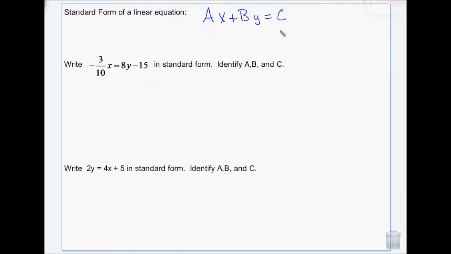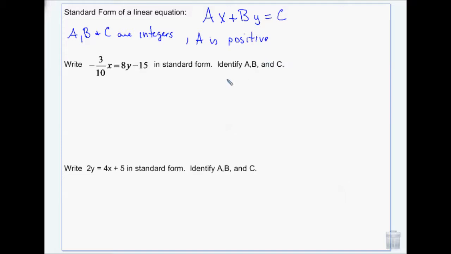Standard form is ax plus by equals c. Okay, a, b, and c have to be integers. So no fractions, no decimals, and a is positive. B and C, it doesn't matter, but A has to be positive, and you can't have any fractions or decimals in the standard form.